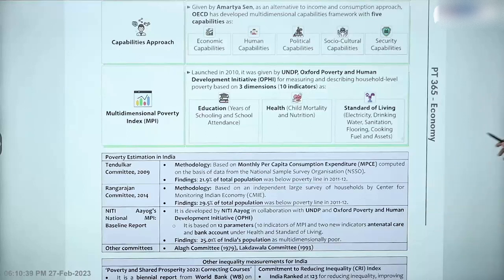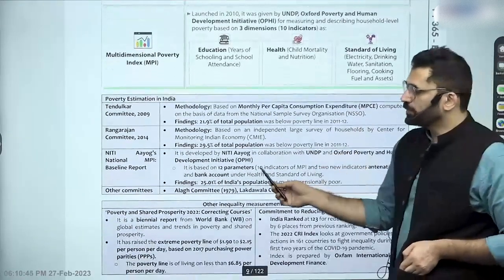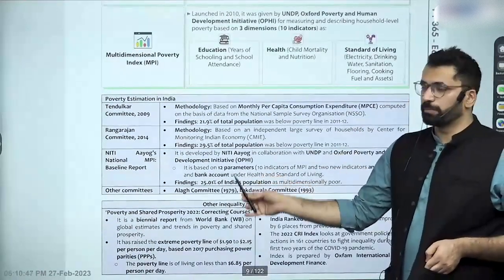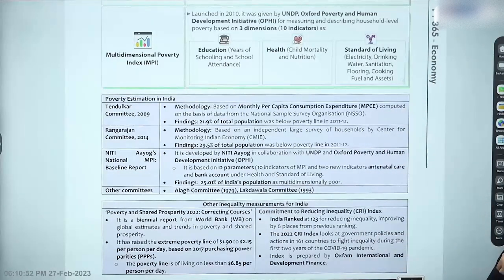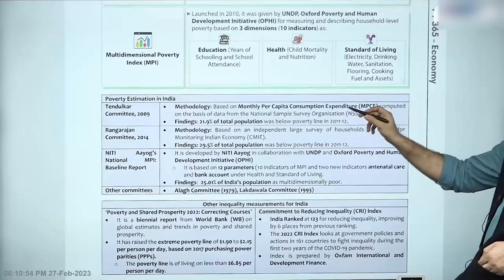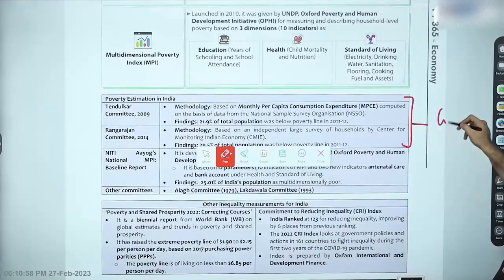Now one of the things is where poverty has moved: poverty according to the multidimensional poverty index. Now these two, the Tendulkar committee or the Rangarajan committee, talk about poverty based on only consumption expenditure. This is the definition of poverty.